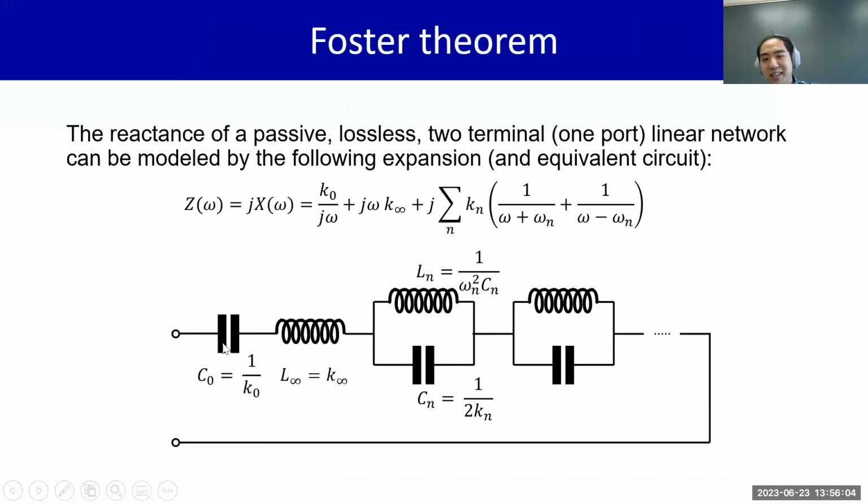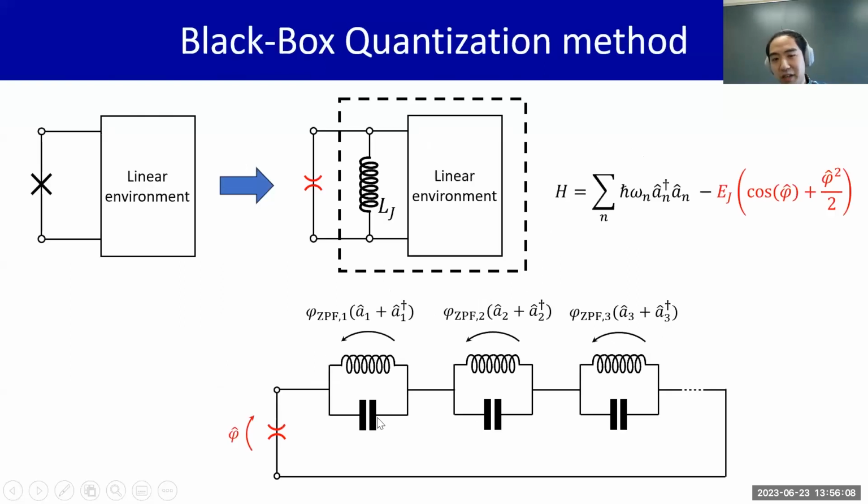I kind of just neglected these two, and that's a common thing to do, because if you think of it, these two terminals on the junction, at DC, it's actually a short because there's a junction inductance LJ on it.